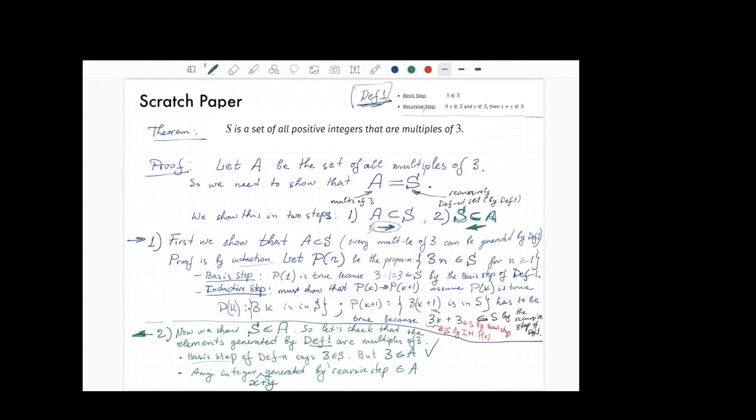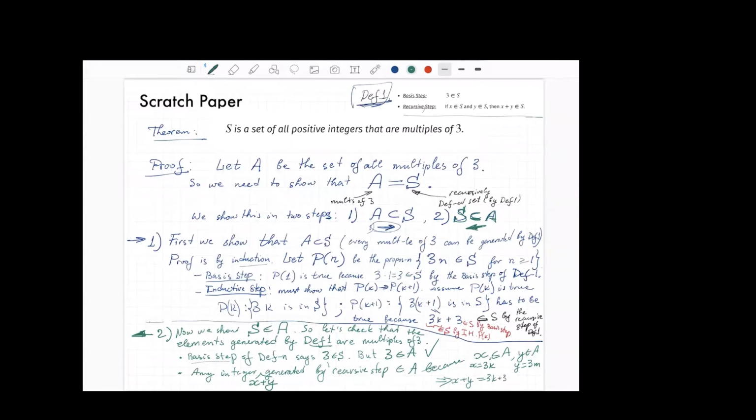because we get to assume that x is in A, some multiple of 3, and y is also assumed to be in A. So x is like 3k and y is like 3m, then x plus y is a multiple of 3, right?